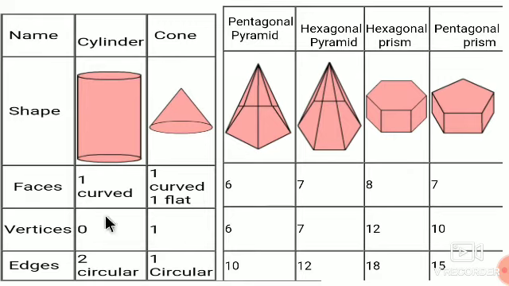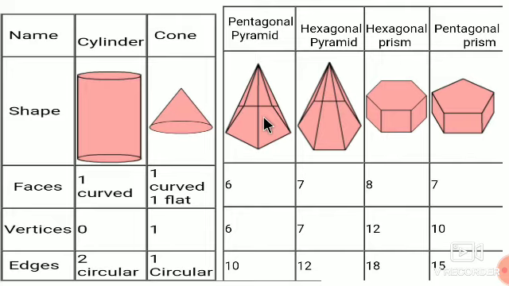Now, the cylinder has 2 circular edges. Cone has 1 circular edge and 1 vertex. Now the pentagonal pyramid. It has how many faces? As I told you, the shape of the base will tell you about the faces, the vertices and the edges.